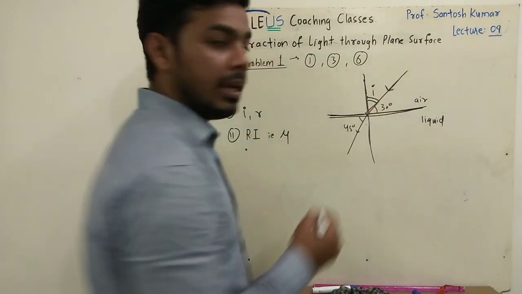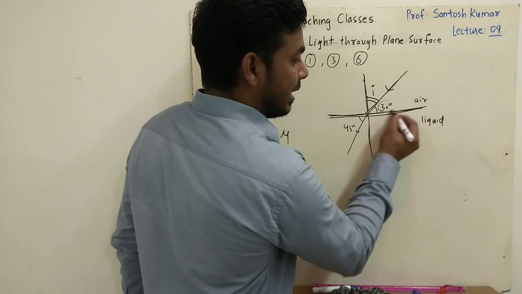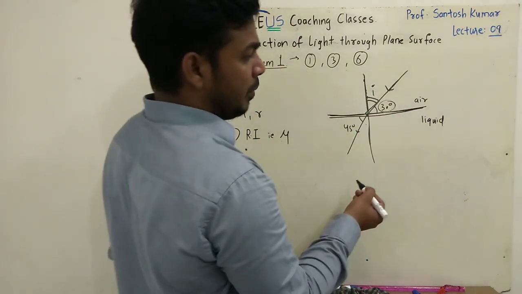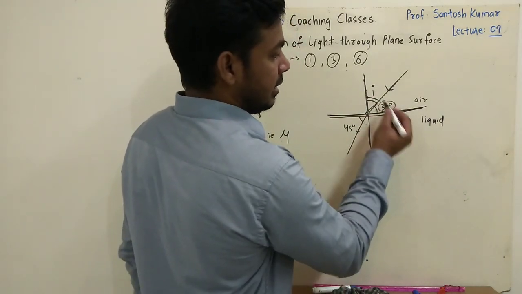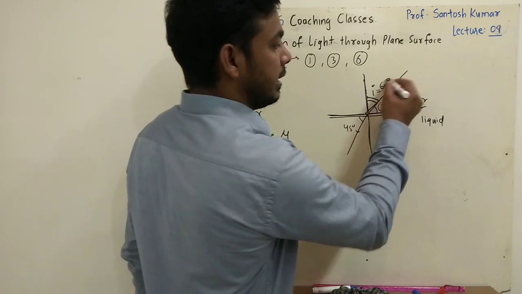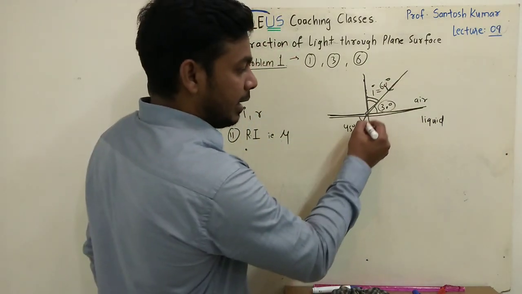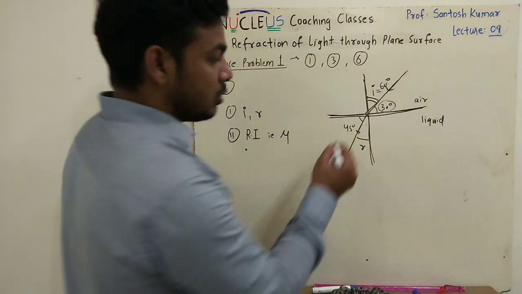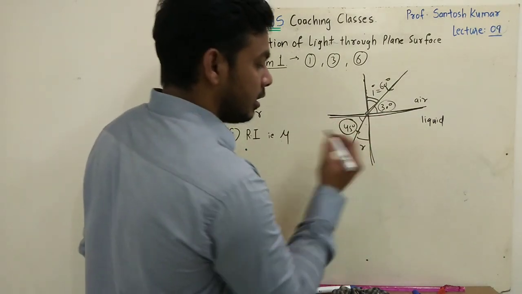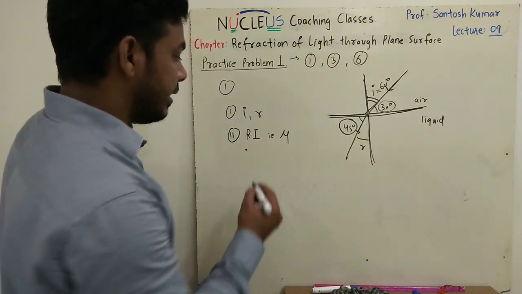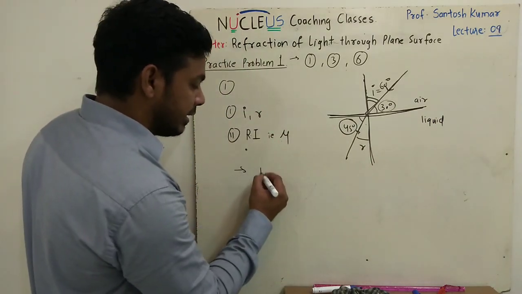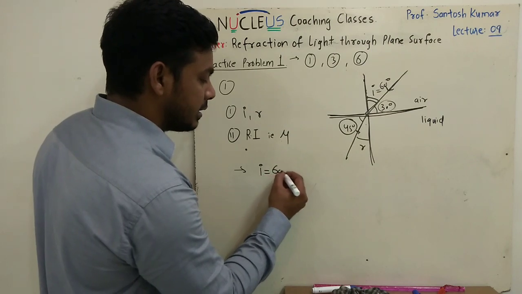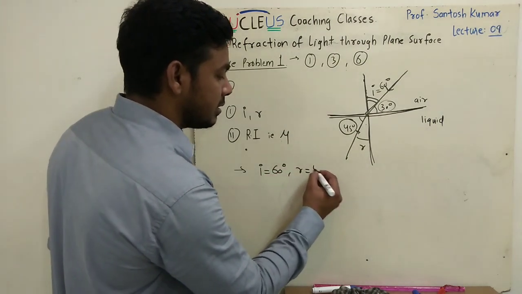This angle has been given 30 degree, so from geometry this angle has to be 60 degree. The angle made by refracted ray with the normal is called angle of refraction. Since this angle is 45 degree, angle of incidence is 60 degree and angle of refraction is 45 degree.